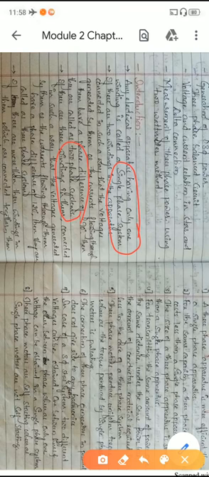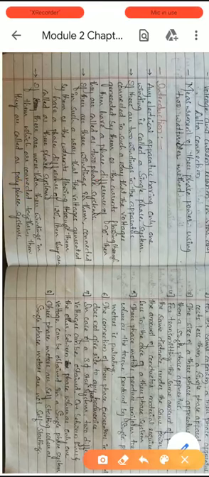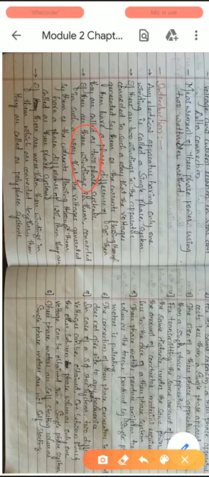So if it has only one winding, it is single phase. If it has two windings in such a way that the voltage or current generated by them has a 90 degree phase difference, then it is called a two-phase system. Similarly, if the circuit has three windings and the current and voltage generated by them have a phase difference of 120 degrees, then those systems are called three-phase systems.